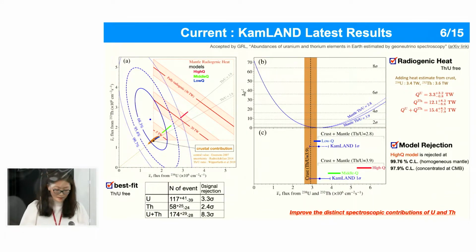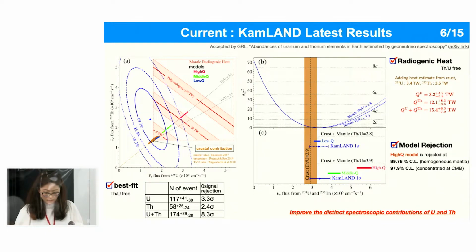The zero signal rejection power is like this, so we could separately measure the uranium and thorium contributions using this clear data set. Using this information, we calculated the radiogenic heat from uranium, thorium, and the total.